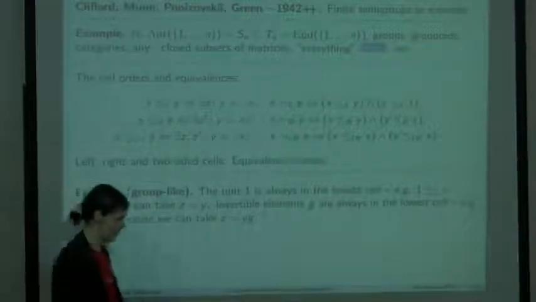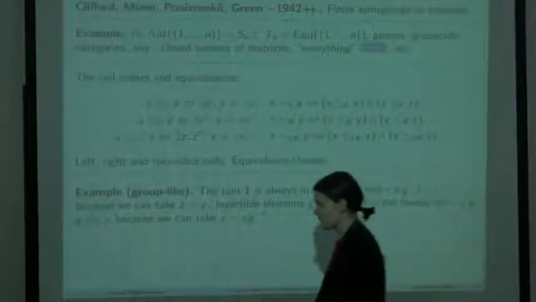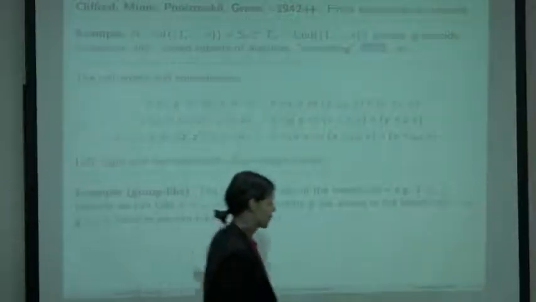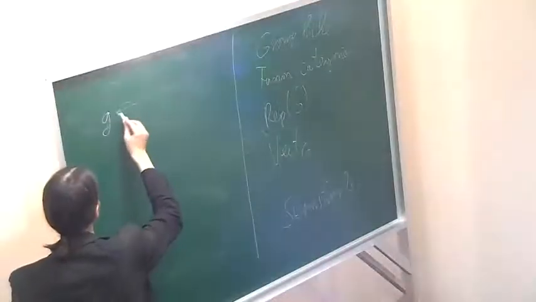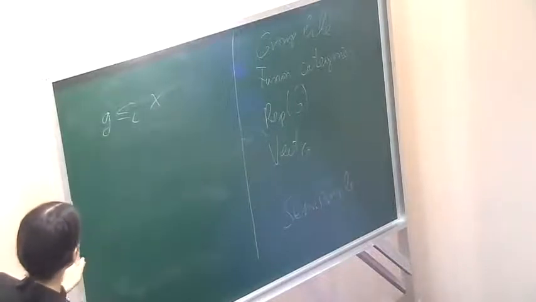The crucial example I want you to keep in mind is whenever you have a group, your cells are pretty boring. I've written it here, but I want to do it live anyway. Whenever you have a group element g, I claim that it's always lower than everything else. What can we do?